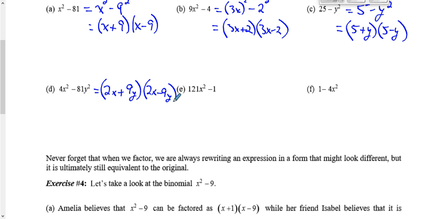I always like to put the plus one first. I guess it doesn't matter, right? It's the commutative property of multiplication. Okay, why don't you guys try these last two on your own, right? I should have put that one down here.